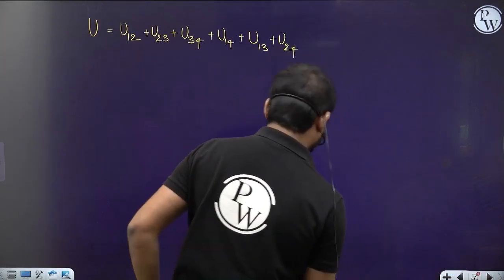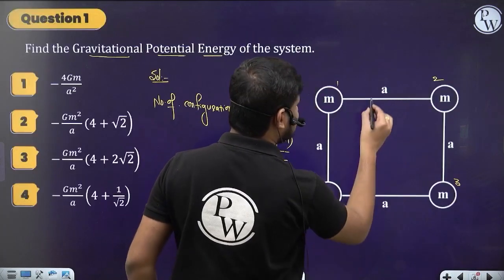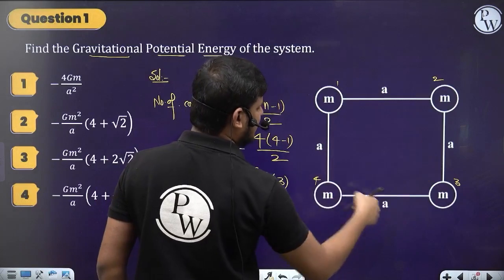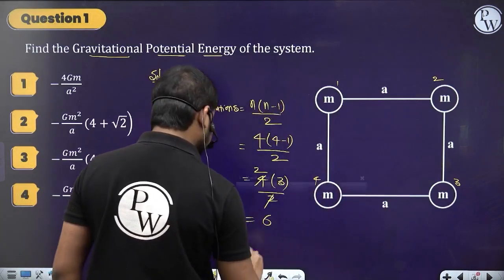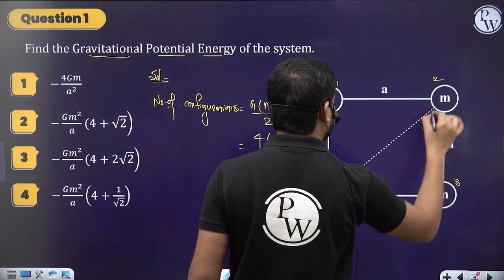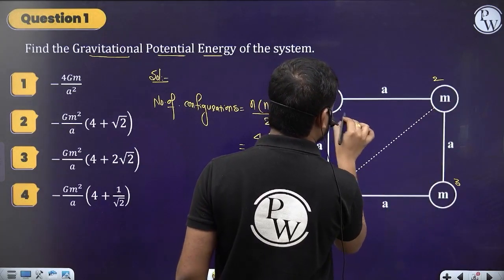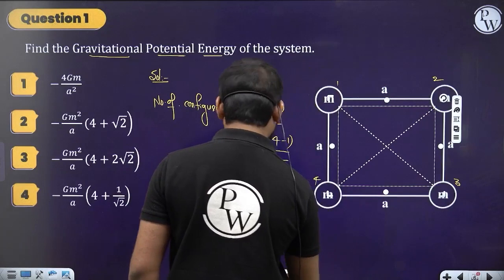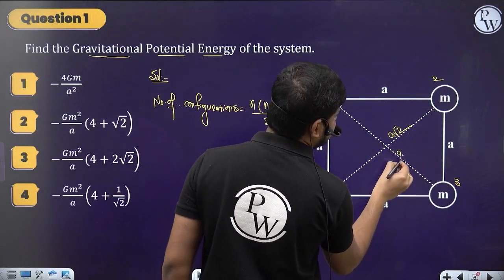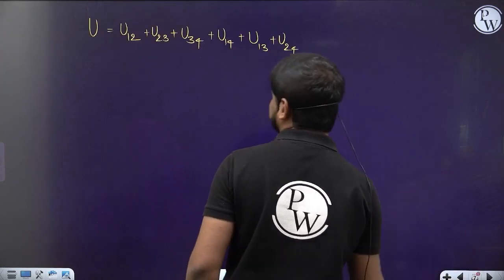Now you know the distances also. All these distances are of the square, side A. The only distances that change are these two, the diagonals: this distance will be A root 2 and this distance also will be A root 2. So you can simply substitute now.